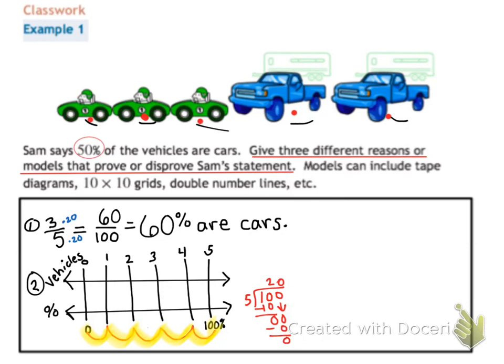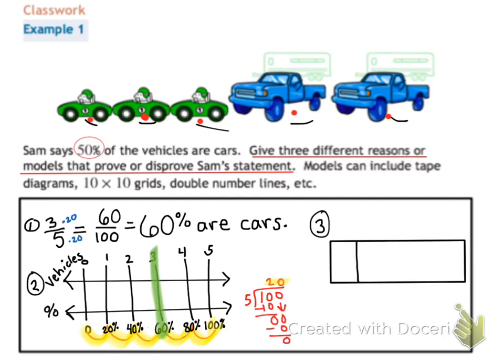So, let's go ahead and fill that in. 20, 40, 60, 80. Okay. Now I need to go to 3 cars. And I just proved that 3 cars is 60% of the vehicles. And I need to show you one more way to disprove Sam's statement.